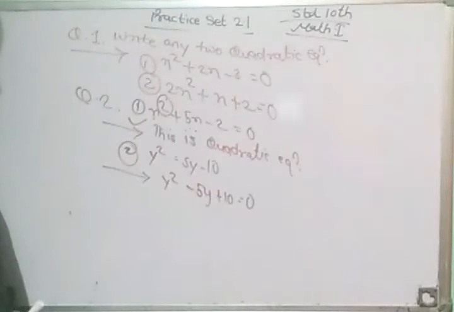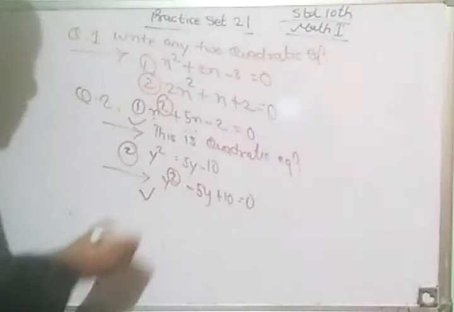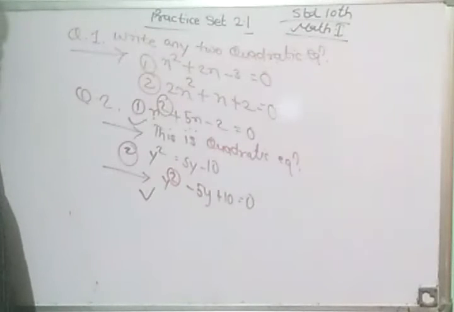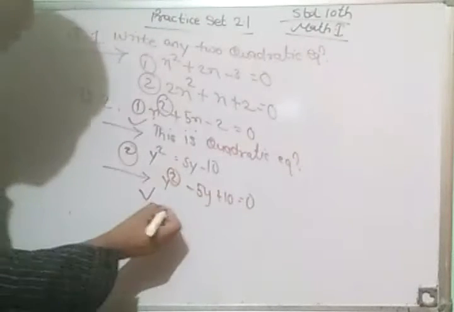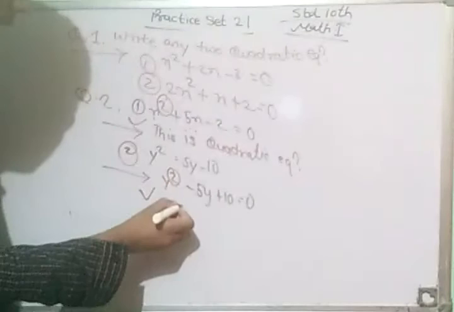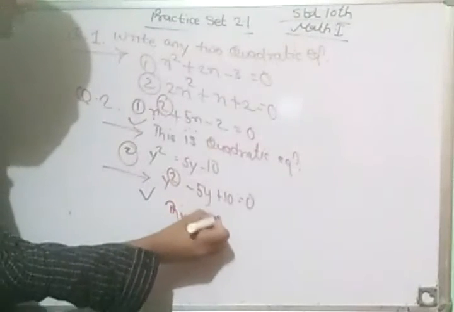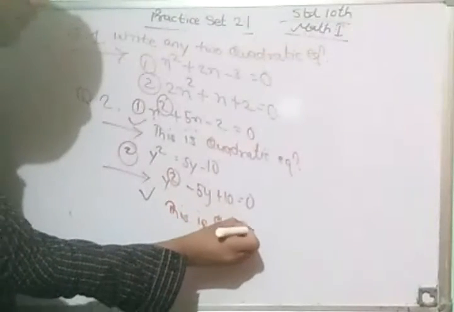Then we decide whether this is a quadratic equation or not. This is a quadratic equation because the highest index is 2 and two variables are included. So we write the answer in a sentence: this is a quadratic equation.